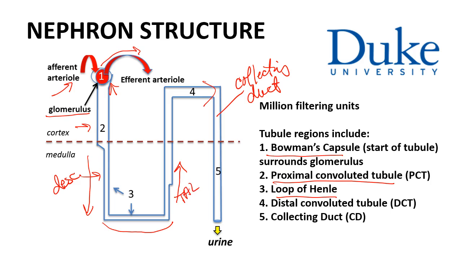So the loop of Henle actually has three components: a descending thin loop of Henle, the hairpin turn, and then the thick ascending loop of Henle. Distal to this, we have the distal convoluted tubule, and then this structure will drain into the collecting duct, and that's shown here.